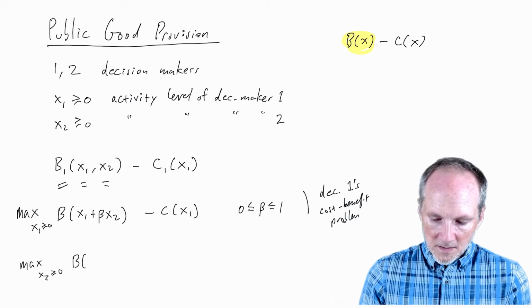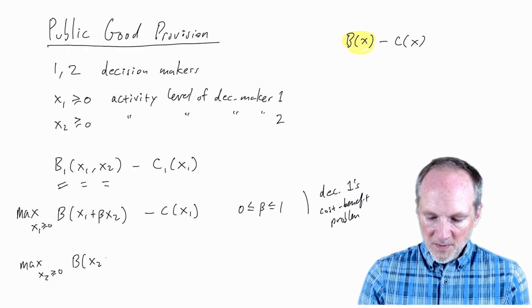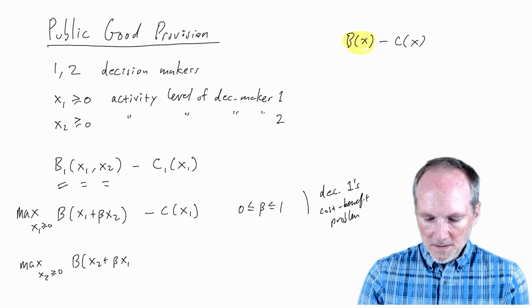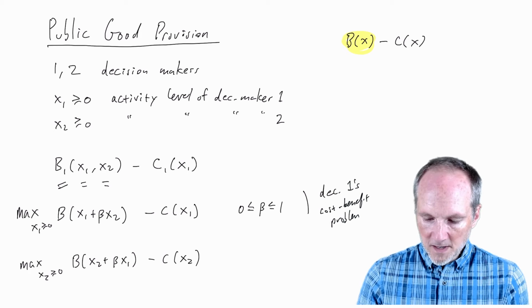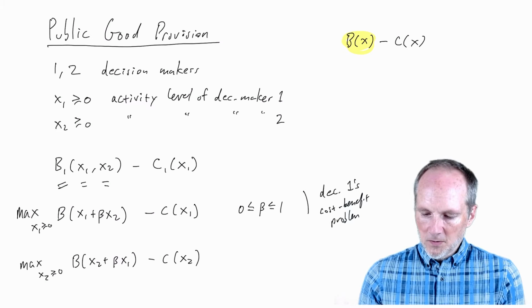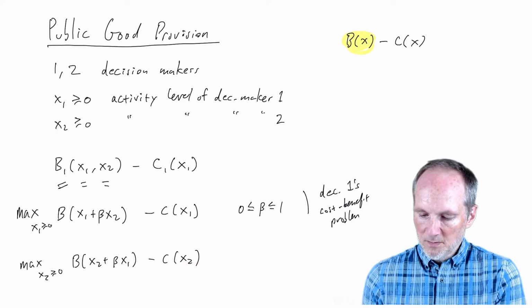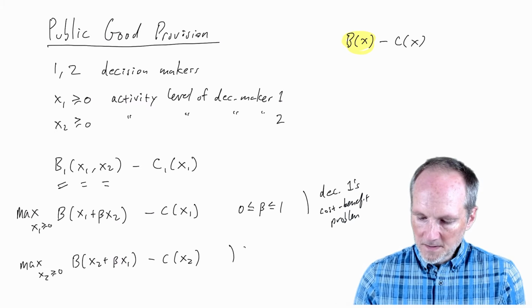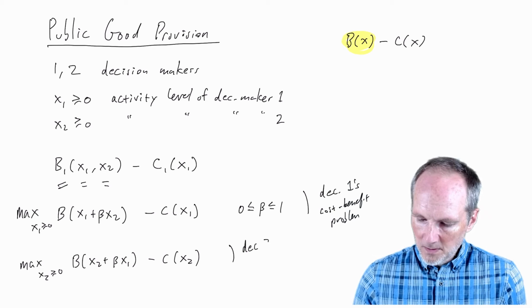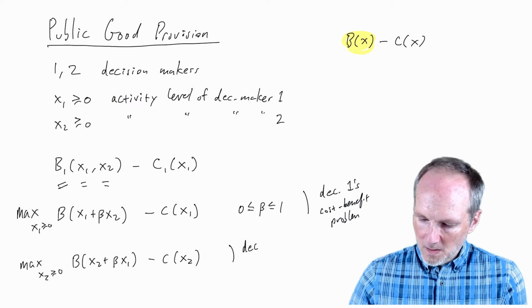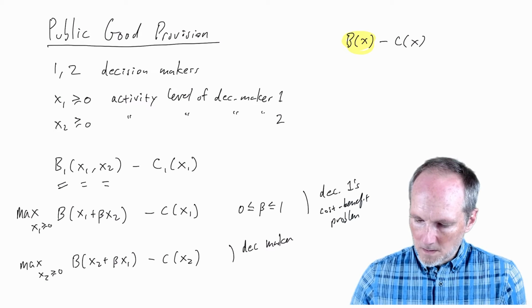Person 2 cares about their own contribution plus beta times person 1's, and then they absorb their own cost. So again, beta is the same parameter for each decision maker. It's between 0 and 1, and this is decision maker two's problem.